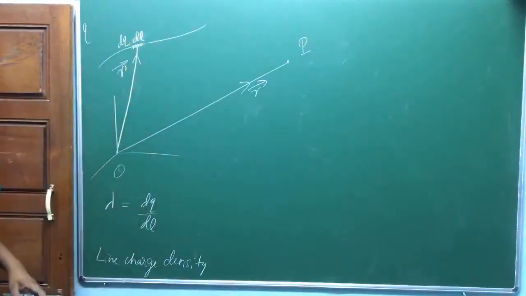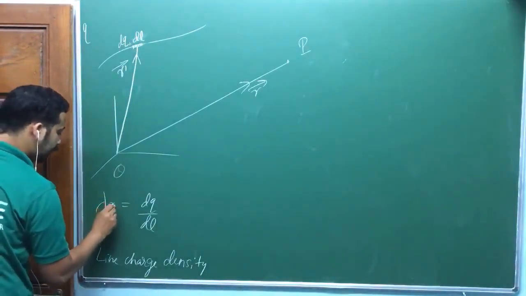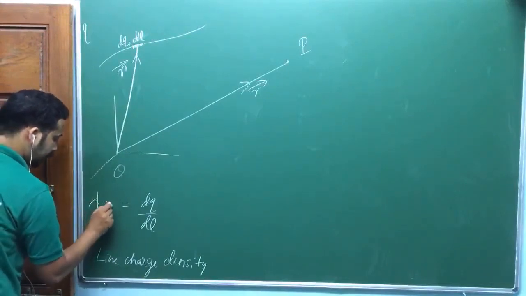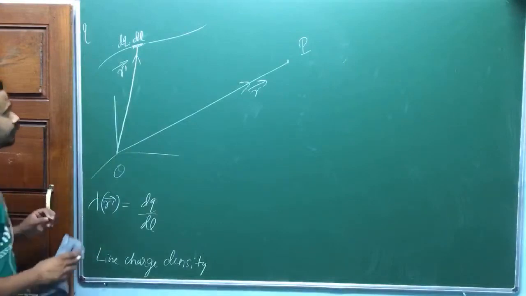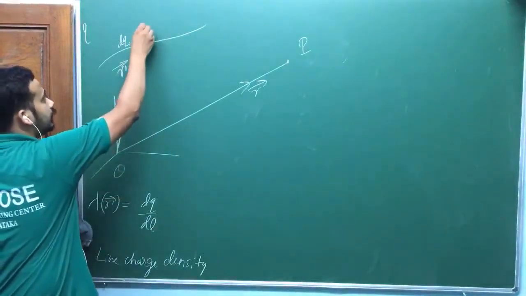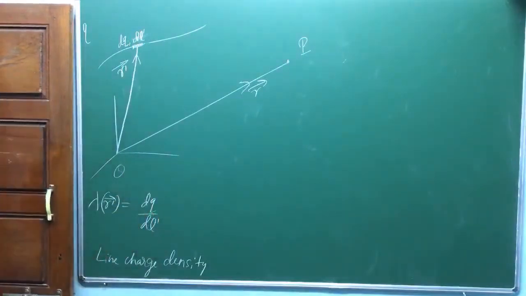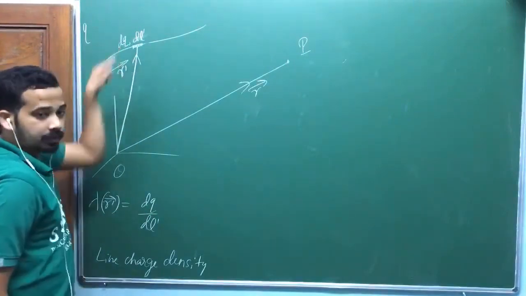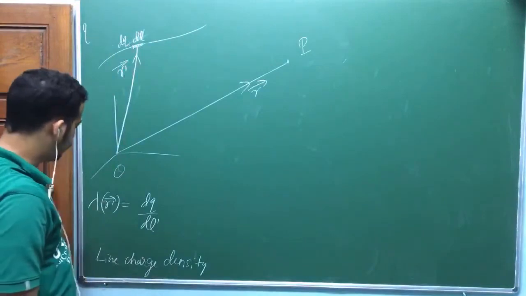So in the most general case, we write this lambda as a function of r prime vector. Because of that, we don't write dl, we write dl prime actually. It's a habit, because this is related to the primed coordinate, this length.